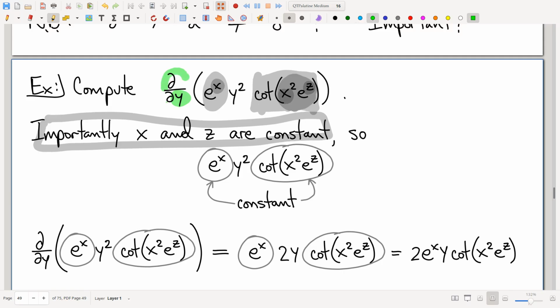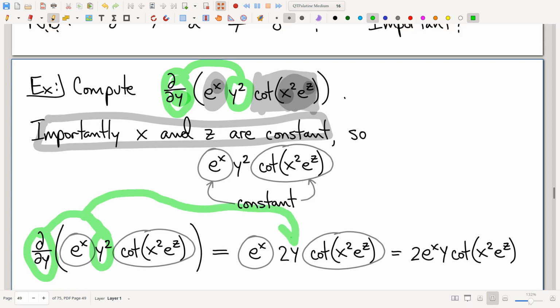And the y partial of y squared is pretty easy, right? I mean, how do you take the derivative of y squared with respect to y? Well, it's 2y. And the constants do what constants do. Multiplicative constants come along for the ride.